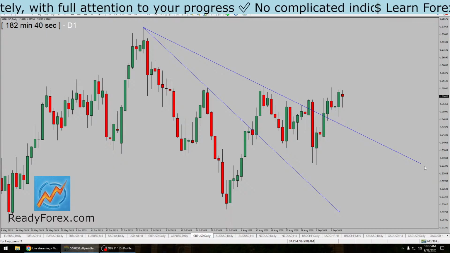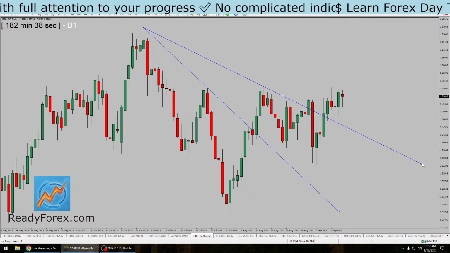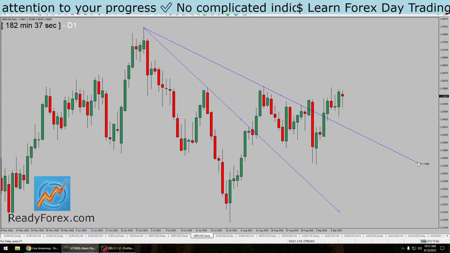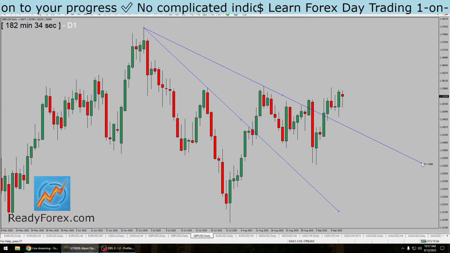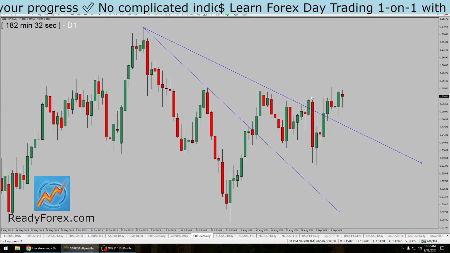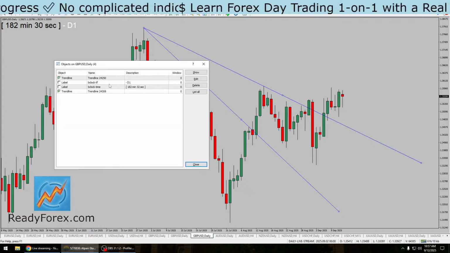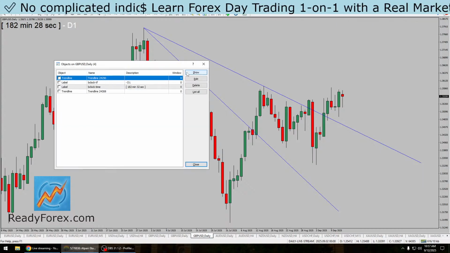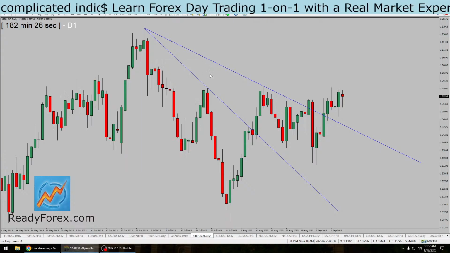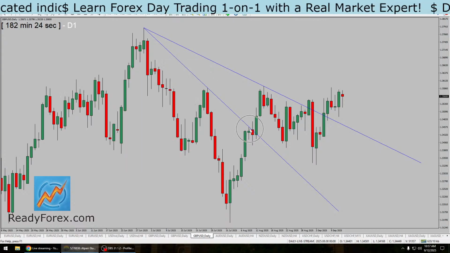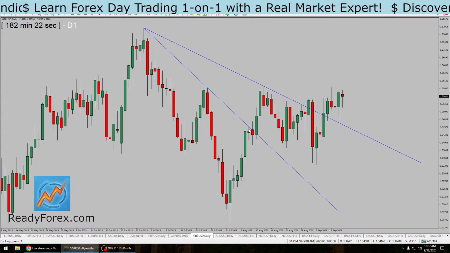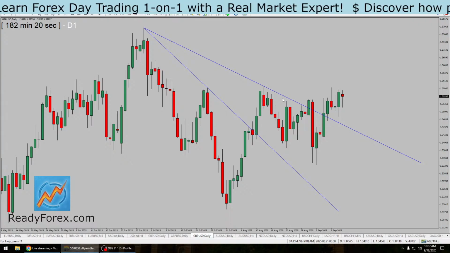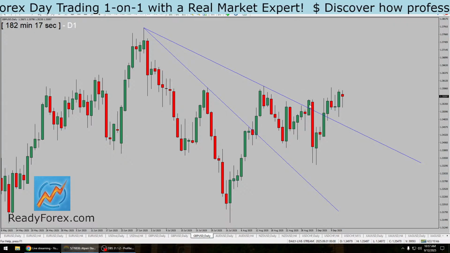Okay, let me adjust this trend line. So we got a breakout over here, and then we got another breakout of this trend line right over here.